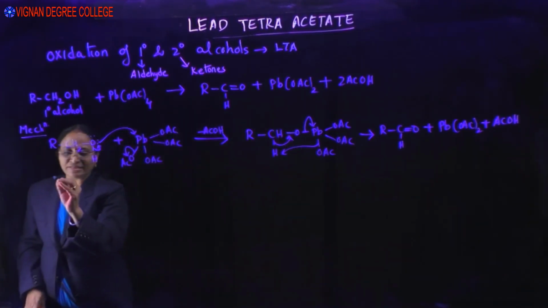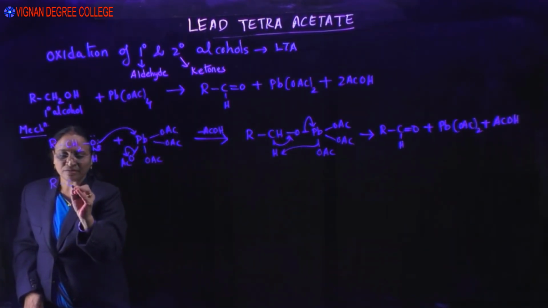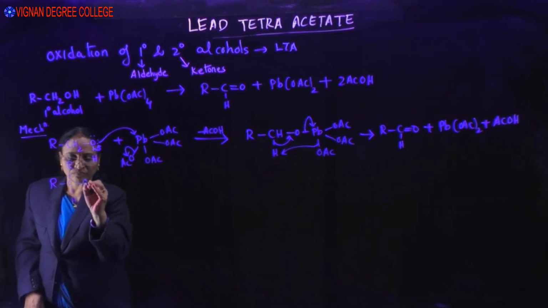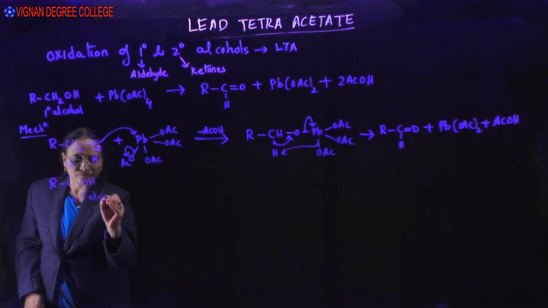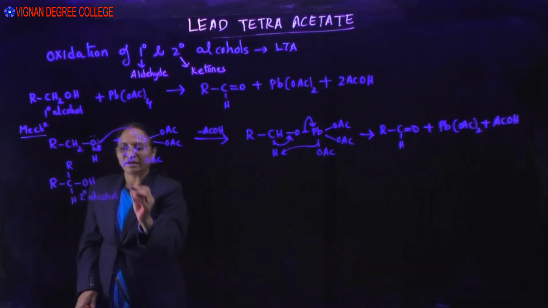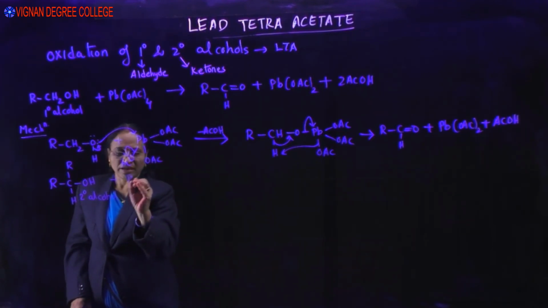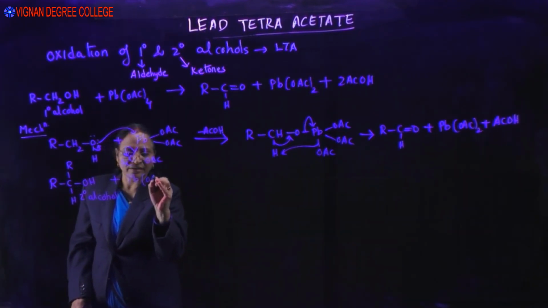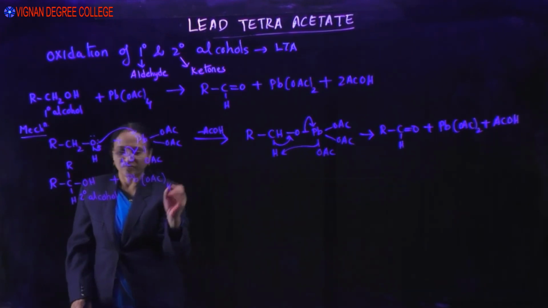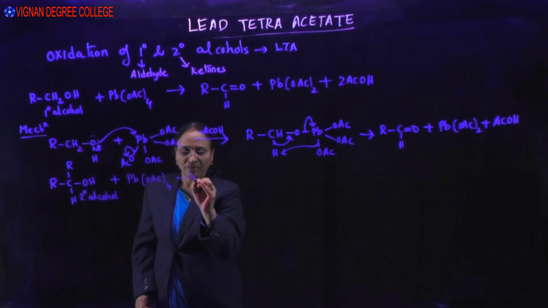Whereas if you take a secondary alcohol like this, it can be called a secondary alcohol. Secondary alcohol reacts with lead tetraacetate to form a ketone.